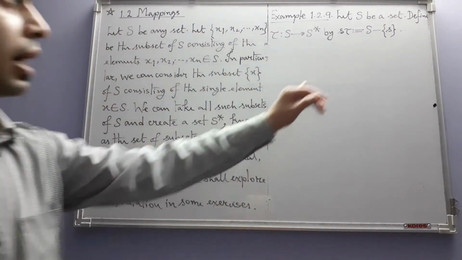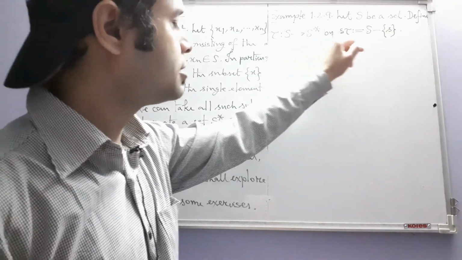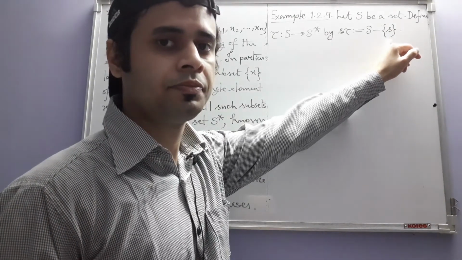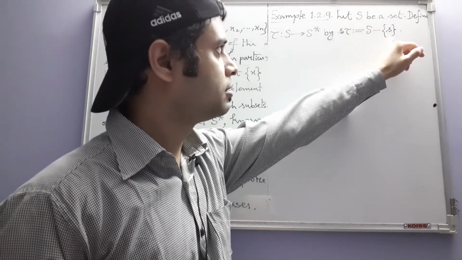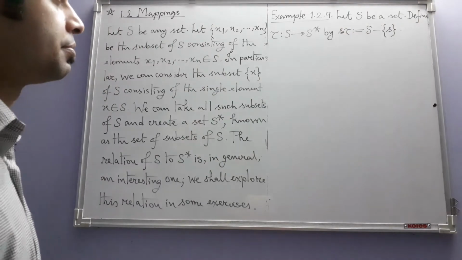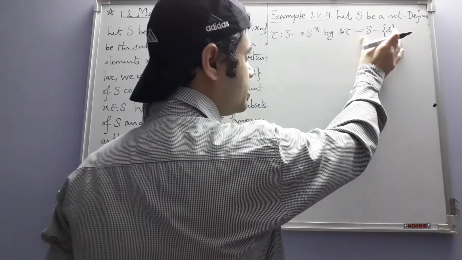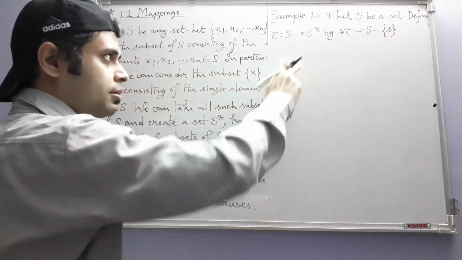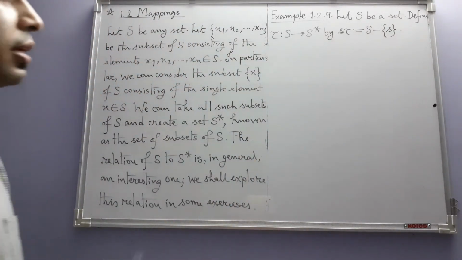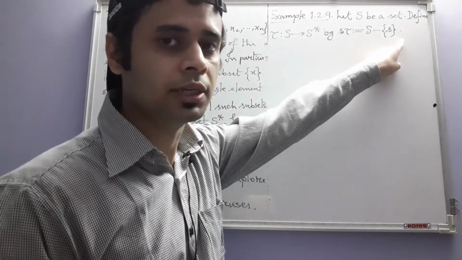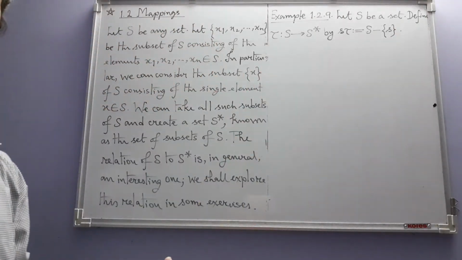That is, we are taking an element from S and we are mapping it onto the complement of this set consisting of the single element S. And note that since this is a subset of S, this is an element in S star, and for a given S, this set is unique. So this mapping is well defined.